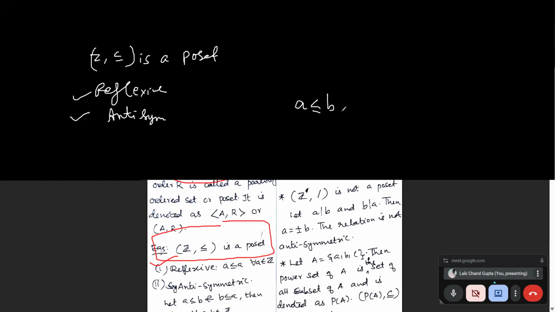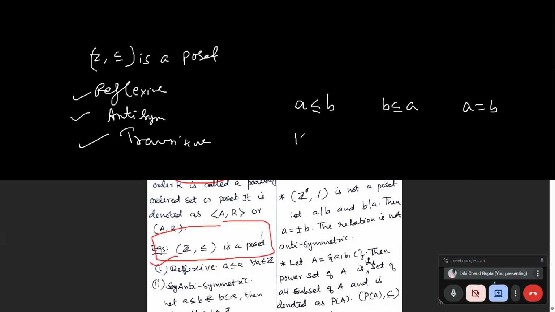A is less than or equal to B. Here B is not less than or equal to A, right? It can, yes, then A is equal to B, right? And this is transitive by default, right?